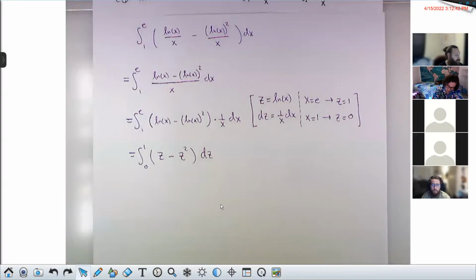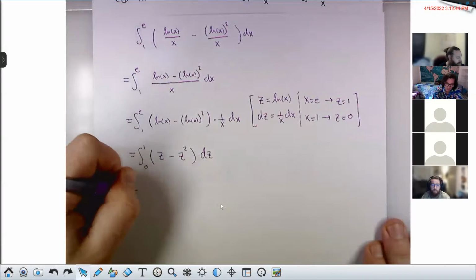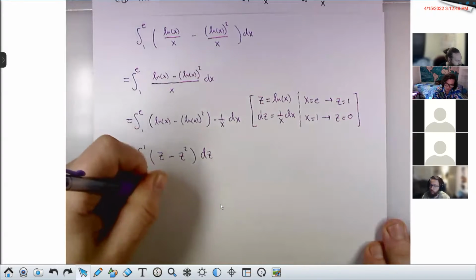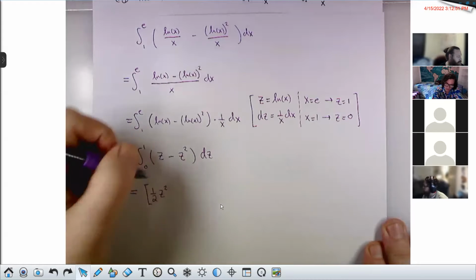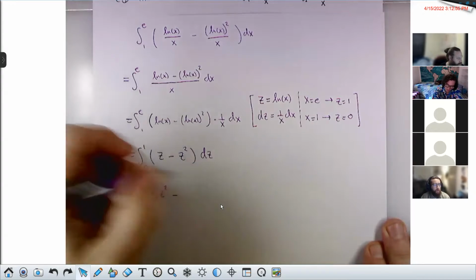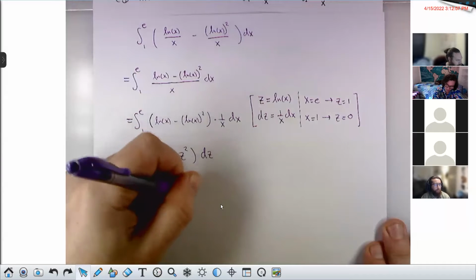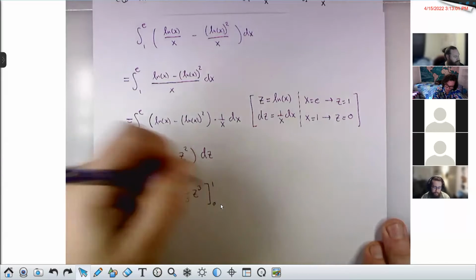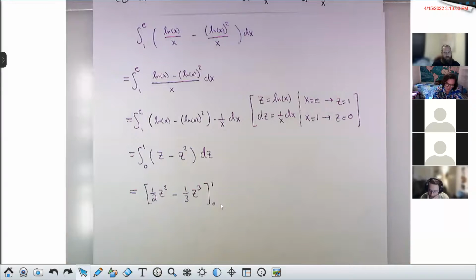The power rule will handle everything from here. z itself integrates to 1/2 z squared. Minus z squared integrates to 1/3 z cubed. And we need to evaluate from 0 to 1.